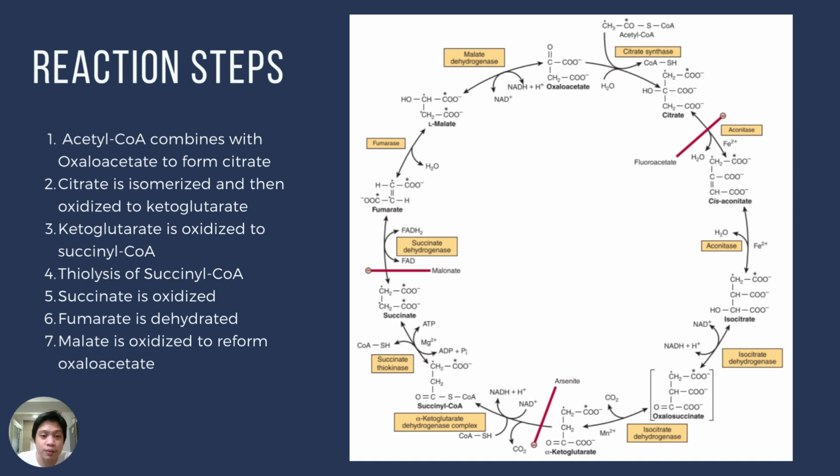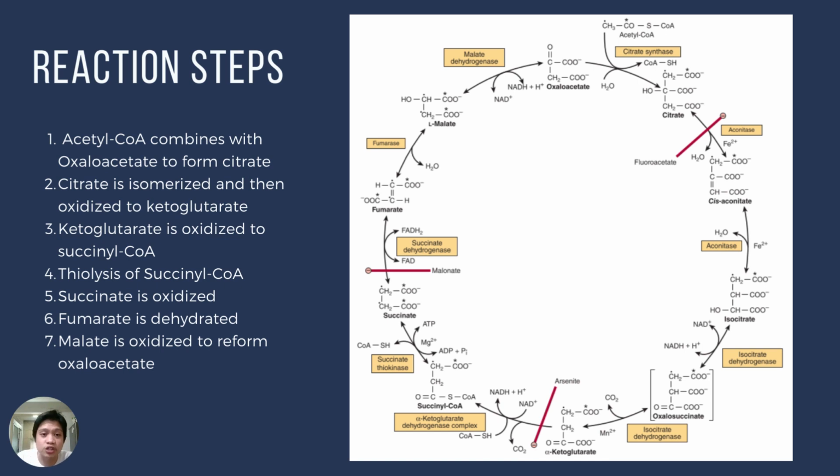Next, we have to liberate the high energy bond of coenzyme A, and that is through succinate thiokinase, which will remove the coenzyme A, but at the same time capture the energy that is in the coenzyme A and transfer it into ADP to form ATP. That is a form of substrate level phosphorylation.